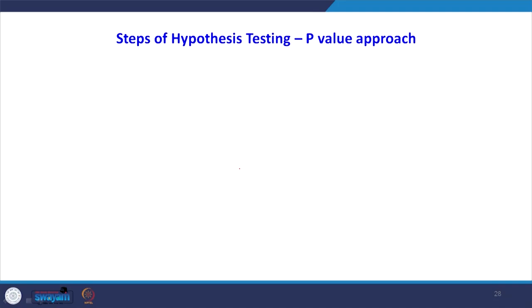Now we have done hypothesis testing with the help of the p-value approach and the critical value approach. The important point to note is that the decision whether to reject or accept a null hypothesis in the p-value method is made by comparing the p-value versus the alpha value.